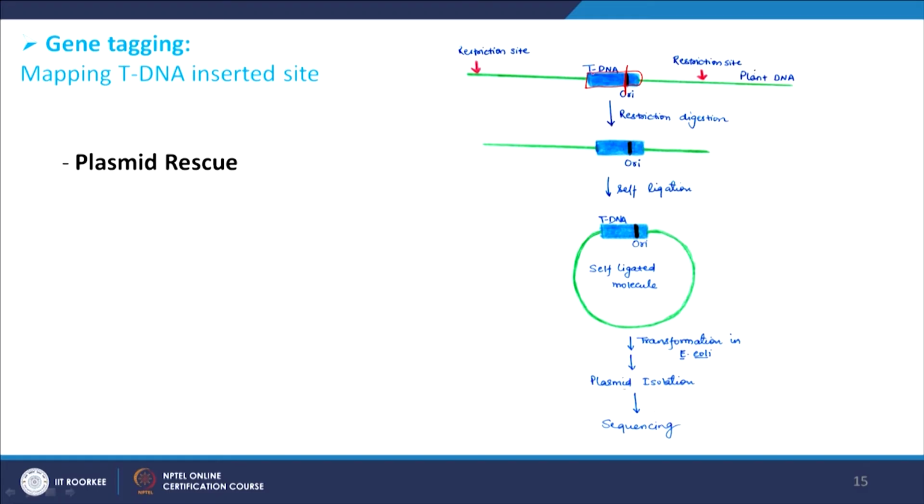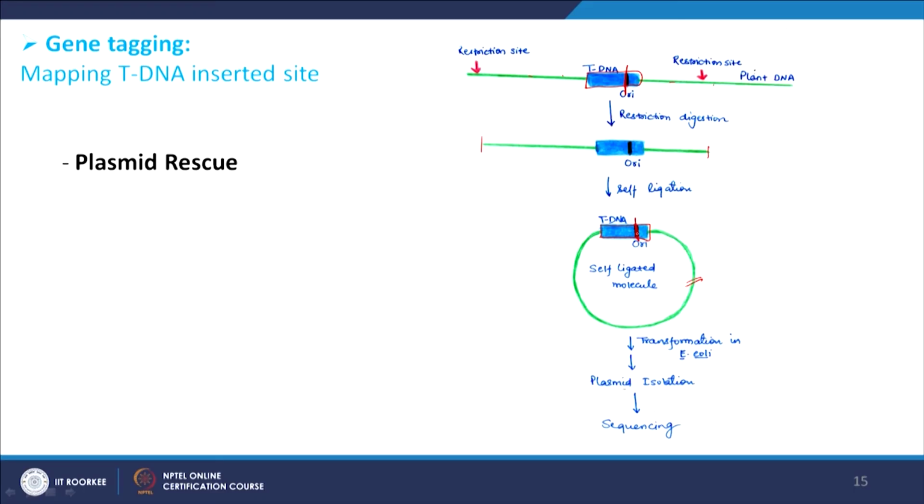But ensure that this enzyme site is not cutting in the tDNA. If you use a restriction site, it might come here, here, anywhere in the plant genome, and when it digests, you use this fragment and you can religate it. Religation will generate this kind of molecule where you will have tDNA as well as a fraction of plant genomic DNA.